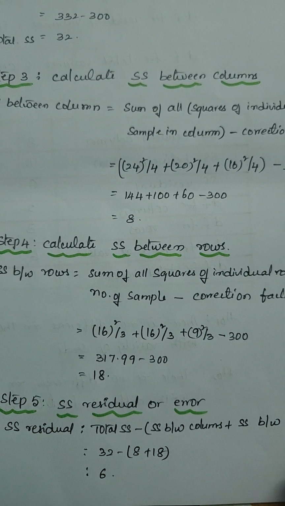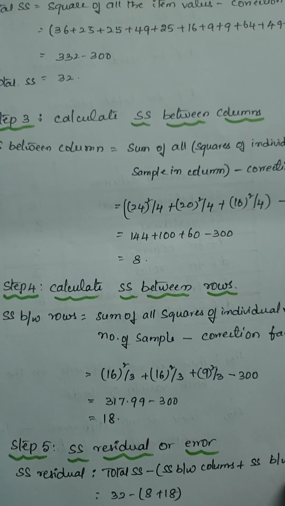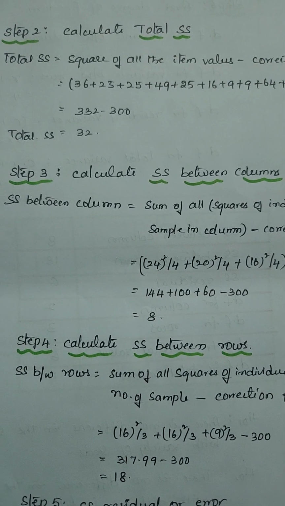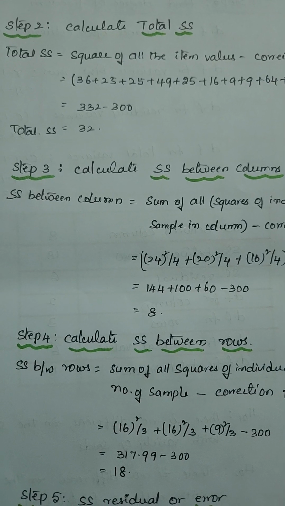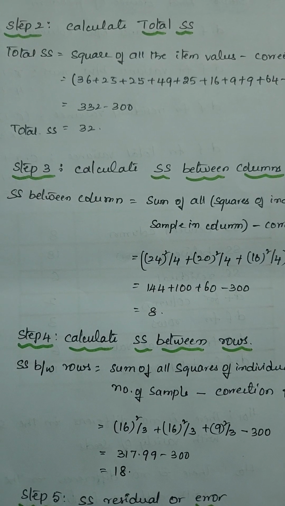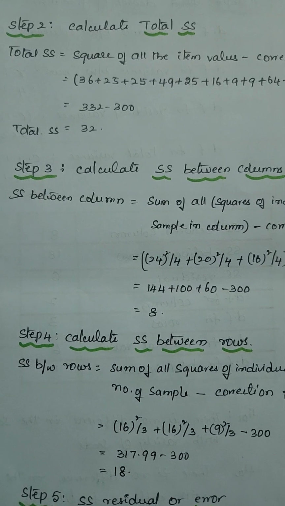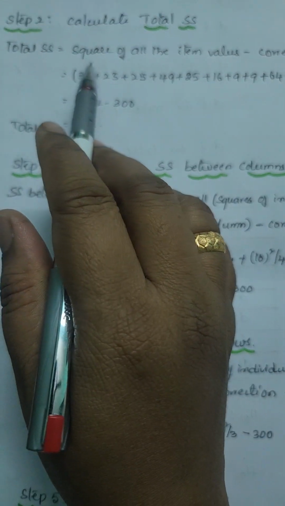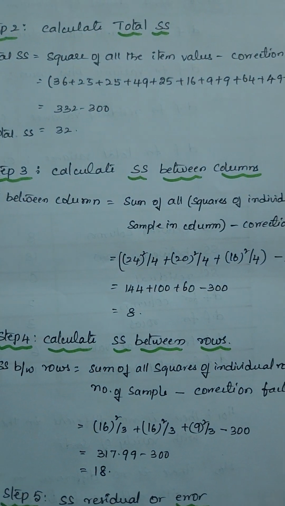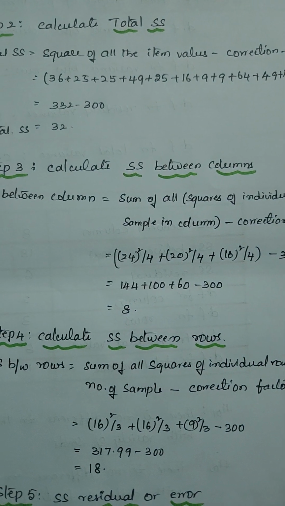Now in step 3, we will calculate total SS, where SS means sum of the squares. The total SS formula is the square of all the item values minus the correction factor.